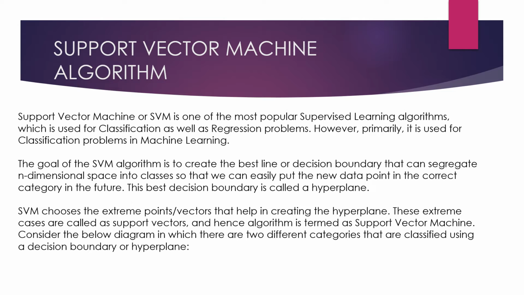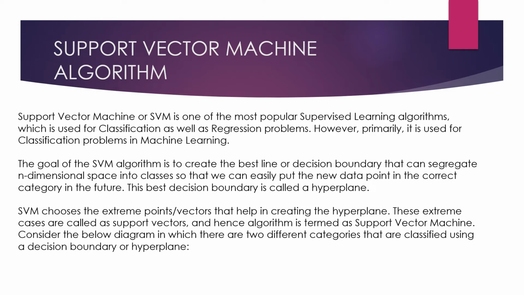Support vector machine, or SVM, is one of the most popular supervised learning algorithms, which is used for classification as well as regression problems. However, primarily it is used for classification problems in machine learning. The goal of the SVM algorithm is to create the best line or decision boundary that can segregate n-dimensional space into classes, so that we can easily put the new data point in the correct category in the future.